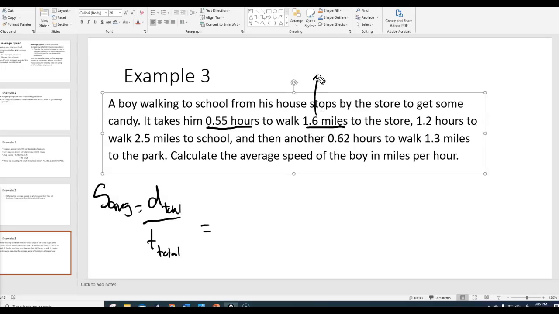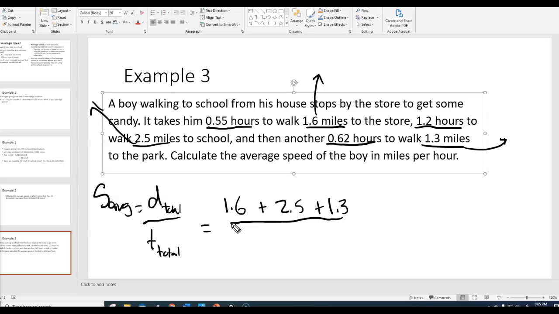Miles is distance. So I have 1, 2, 3 different distances. I'm going to add 1.6 plus 2.5 plus 1.3, and that is going to be my d total. I'm just adding up my three distances.